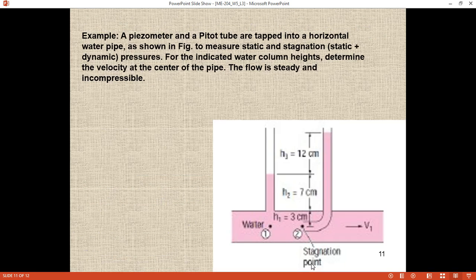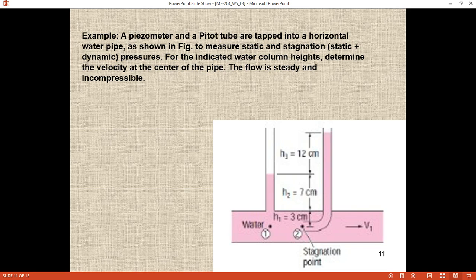So we are going to solve an example, and we will see how we measure the static pressure, dynamic pressure, stagnation pressure and the total pressure. So here you can see a piezometer. A piezometer is the device that we use to measure the static pressure, and a pitot tube. A pitot tube is the device that we use to measure the stagnation pressure or the dynamic pressure.